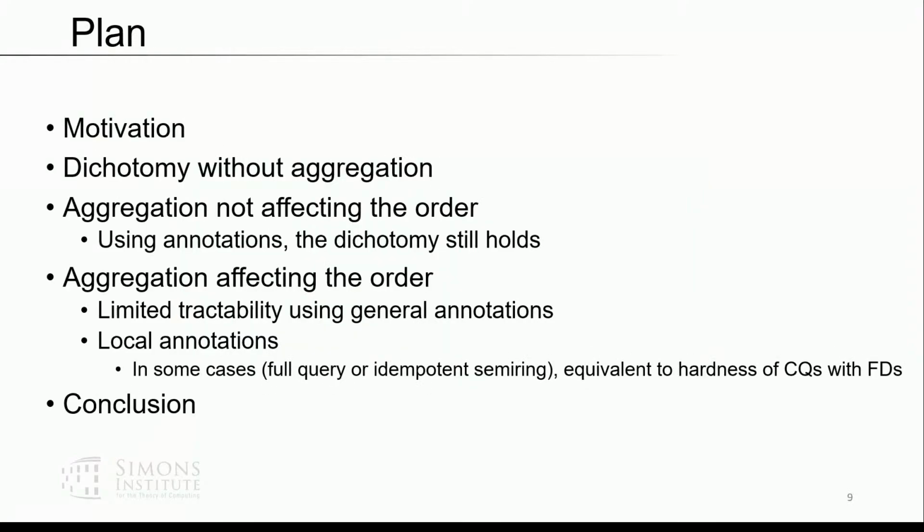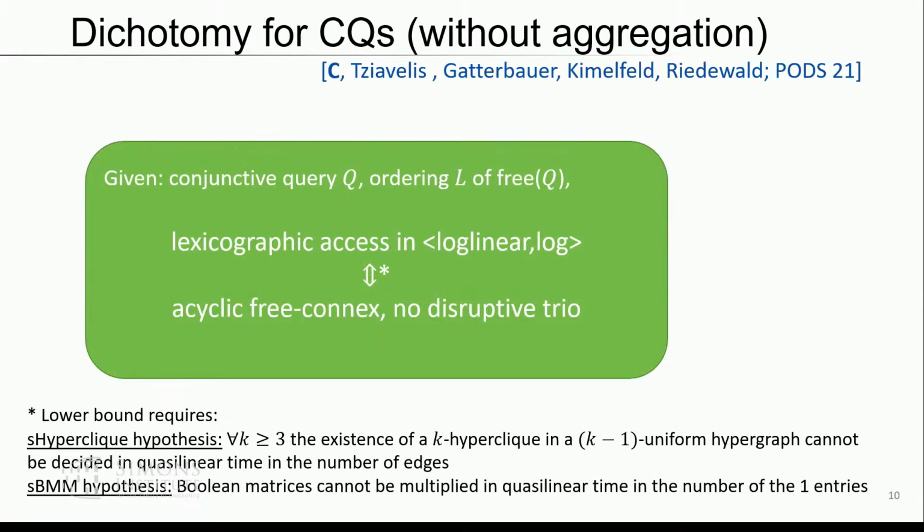Okay, so this was the motivation. And let me now tell you a little bit about what we know about this. So first, let's mention what happens for conjunctive queries without aggregates. I'll just briefly mention what we know without going into the details.